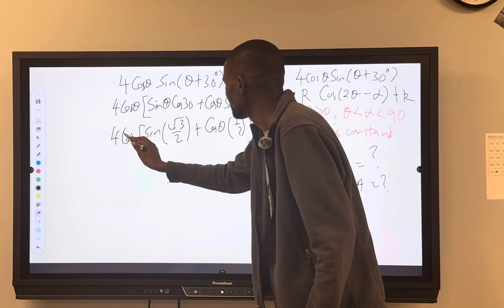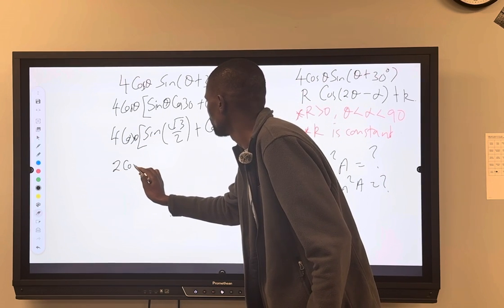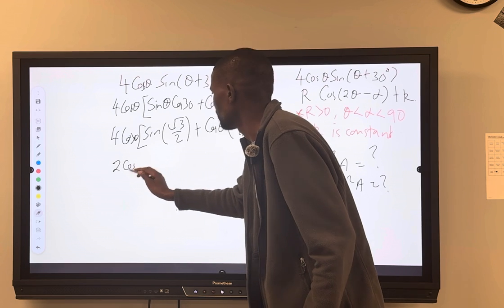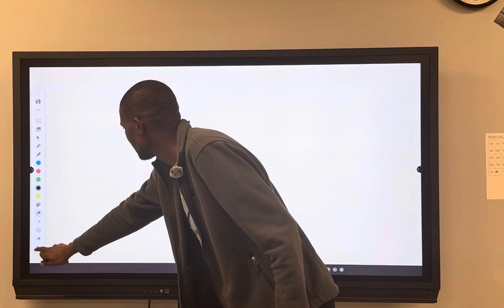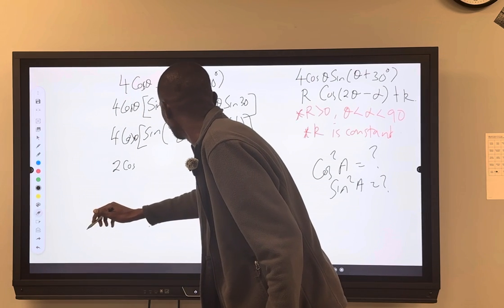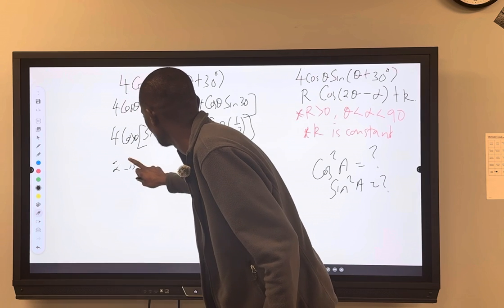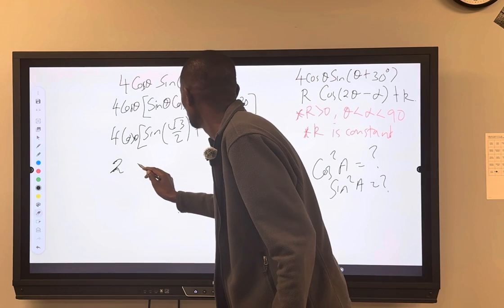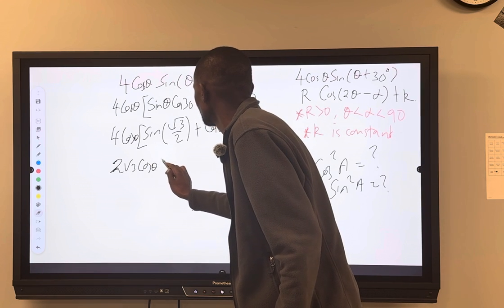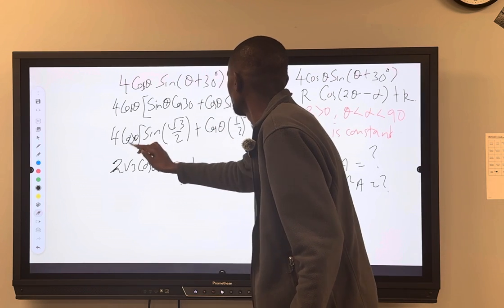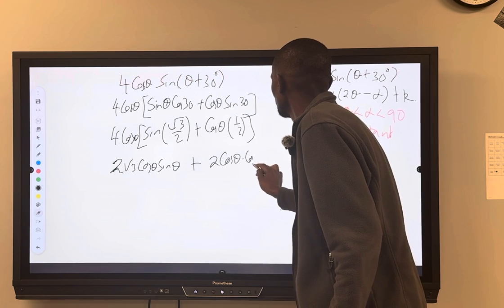So now if I distribute this, I'm going to get 2 root 3 cos theta sin theta plus, if I distribute, 2 cos theta cos theta.